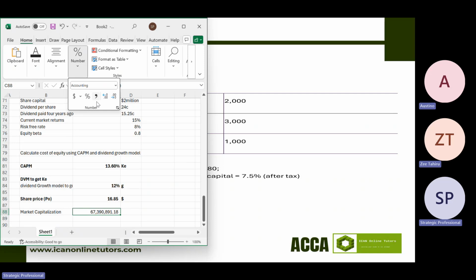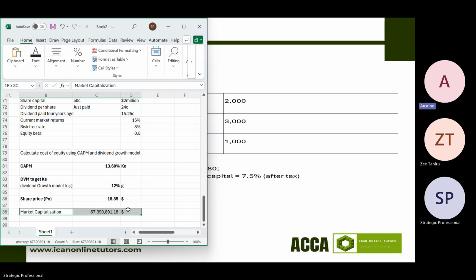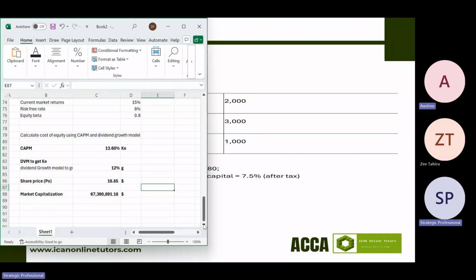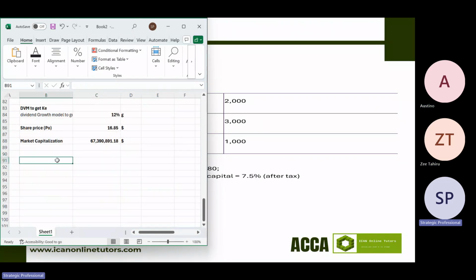All right. So this is the market capitalization of the total shares, the total value. This is the market capitalization you will now use when you are doing WACC. Are you following?